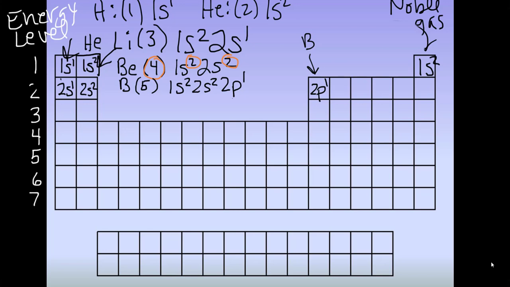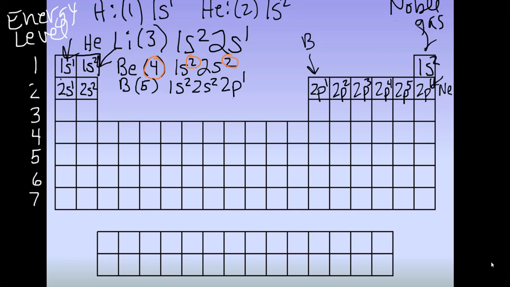Okay. Can you predict what the rest of those numbers and letters are going to be in the row? So following the pattern, I would expect that this would be 2p2, 2p3, 2p4, 2p5, and last in the row is 2p6. So this is the element neon right here.